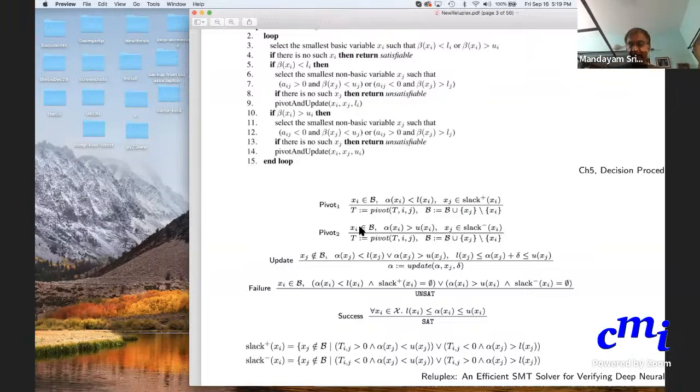And so on. To illustrate how you can view the simplex procedure as application of these inference rules, I will take the same example that I showed you to illustrate the pseudocode procedure. Before I do that, are there any questions about these inference rules and what I just explained?